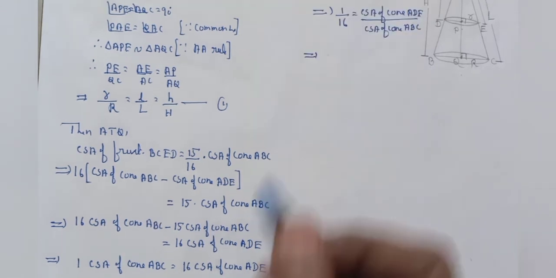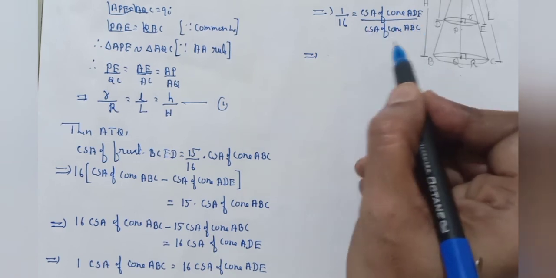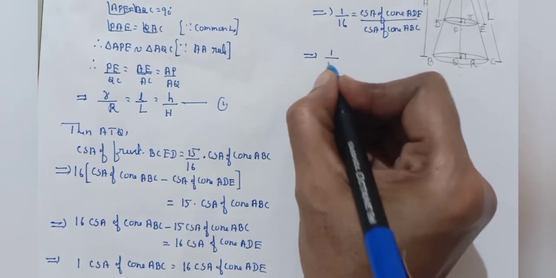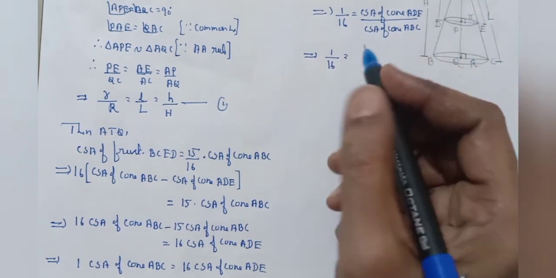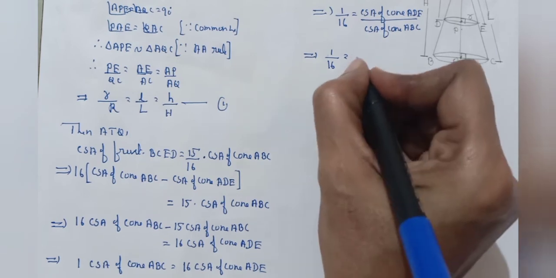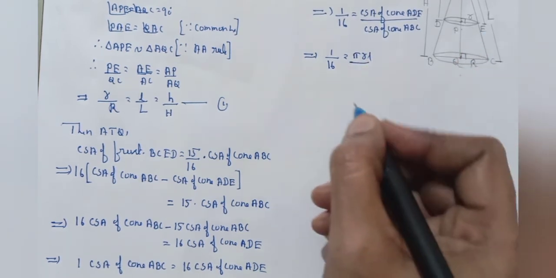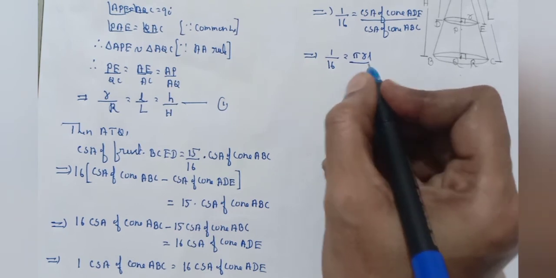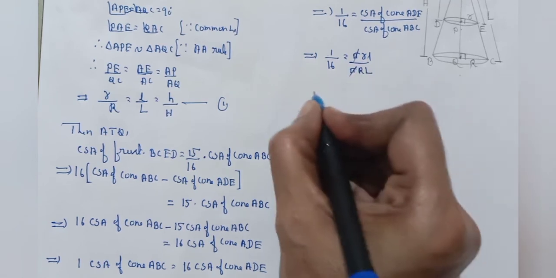Next, 1 by 16 is equal to CSA of cone ADE by CSA of cone ABC. ADE is the smaller cone. The CSA of the smaller cone is pi r l and ABC is the bigger cone, so the CSA of the bigger cone is pi capital R into capital L. We can cancel this pi.